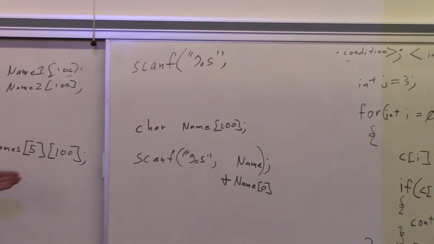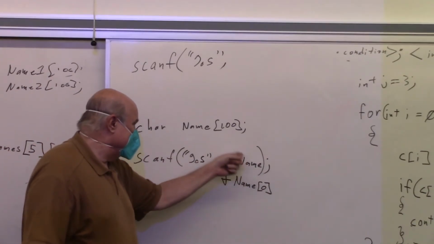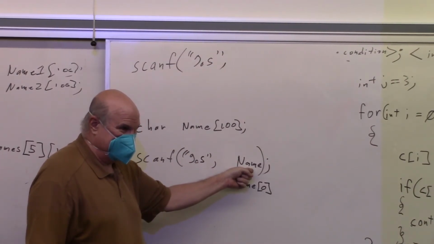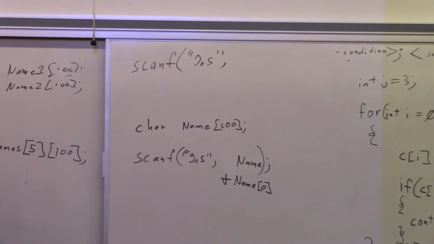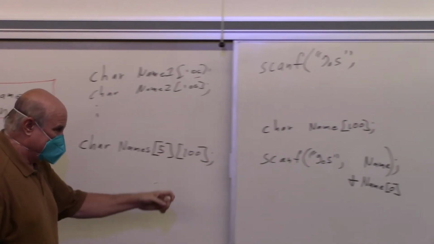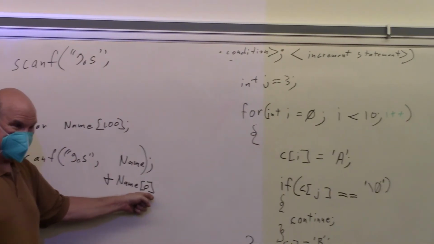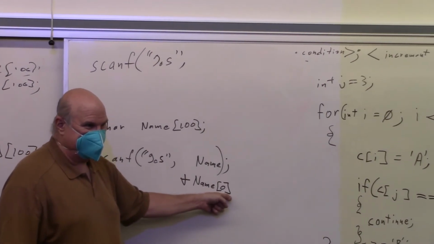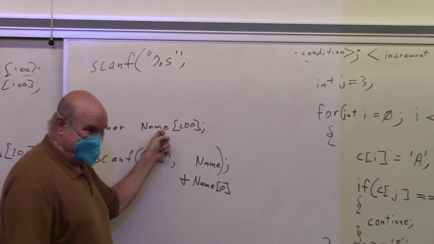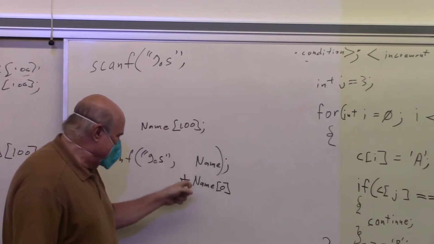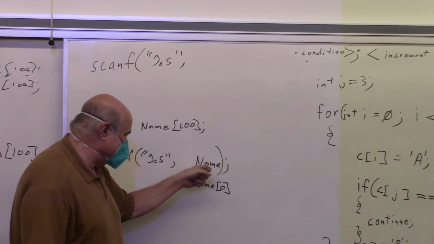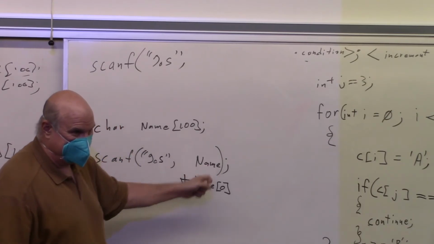Because name by itself, name is an array, name by itself is already a pointer. It's like we talked about over here. Okay? Name sub 0 is a particular character. It is a particular character that happens to be at the very beginning of this array called name. So if we give a reference to that particular character, it is the same as the pointer itself.